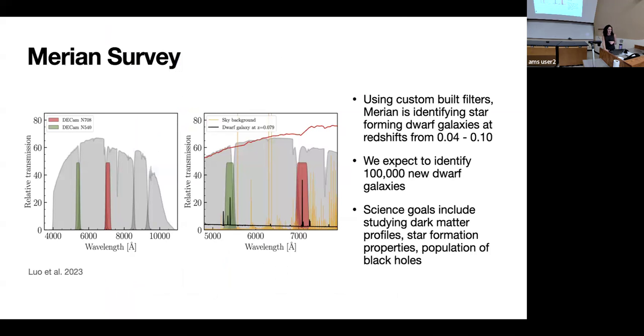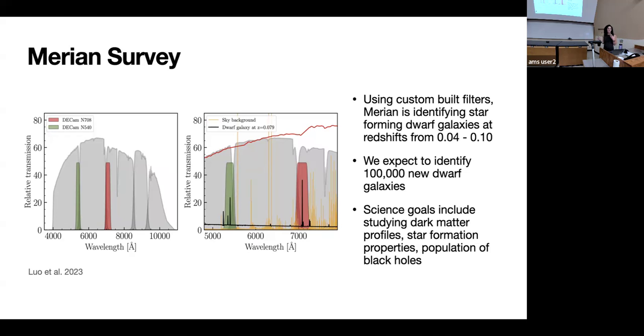So this illustrates the medium band filters a little better. If you look at the plot on the right, it shows a spectrum of a dwarf galaxy, and you can see how these particular emission lines will be picked up in these two filters for a certain range of redshifts, basically.